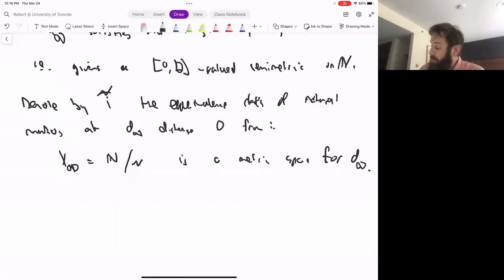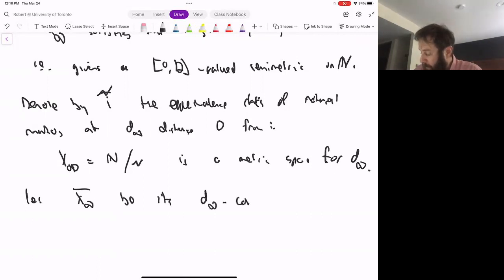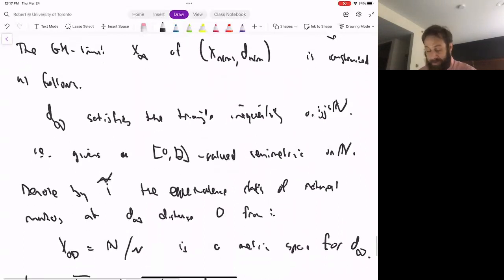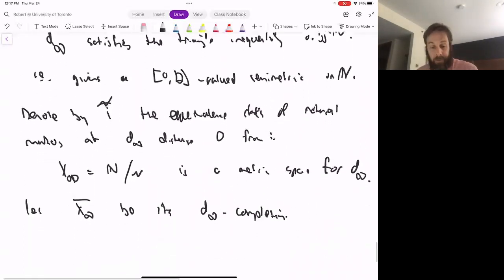And it may not be a complete metric space, but you can look at its completion. And basically, I claim that that's the Gromov-Hausdorff limit of these finite spaces.